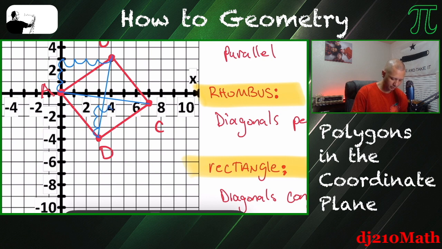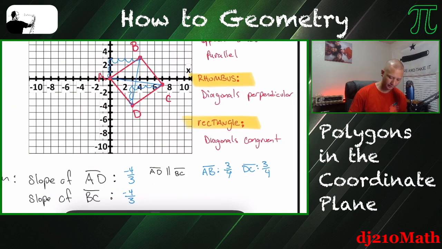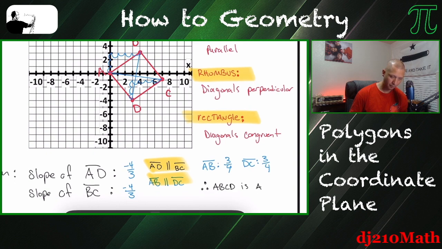To the right, 1, 2, 3, 4. So 3 over 4 as well. And we see here that AB and DC are parallel. So from these two statements we can conclude, therefore, ABCD is a parallelogram.